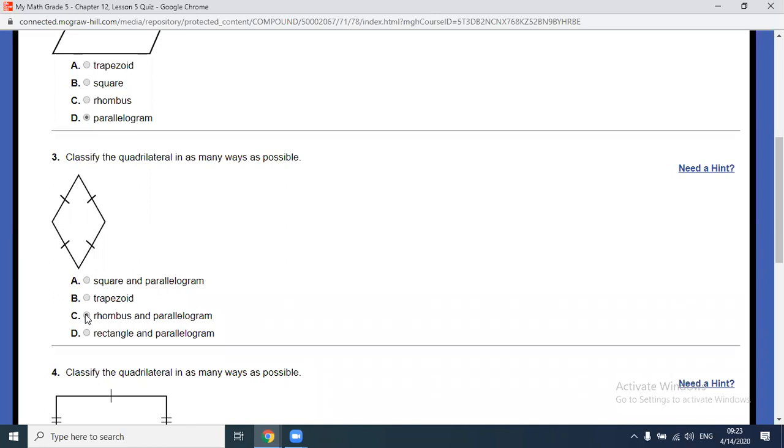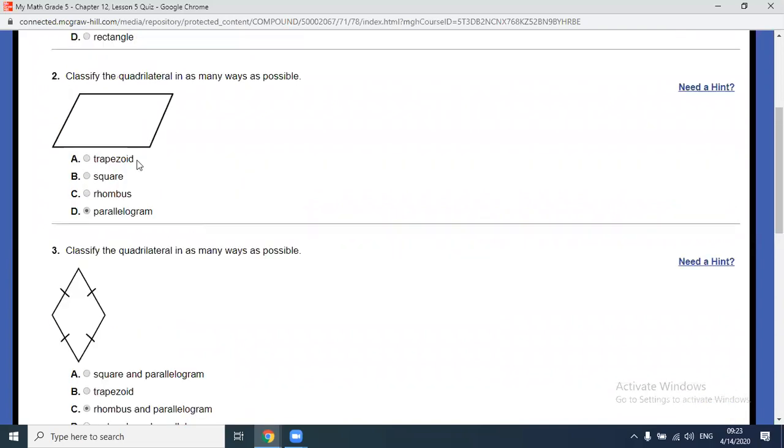Teacher, a parallelogram is like a square when it's empty? No, a parallelogram has no right angles and no equal sides. Only each of the opposite sides are parallel. A trapezoid has only one pair of parallel sides. I have two pairs of parallel sides.